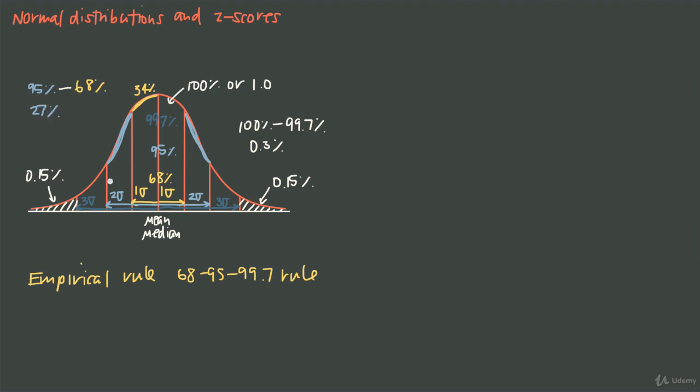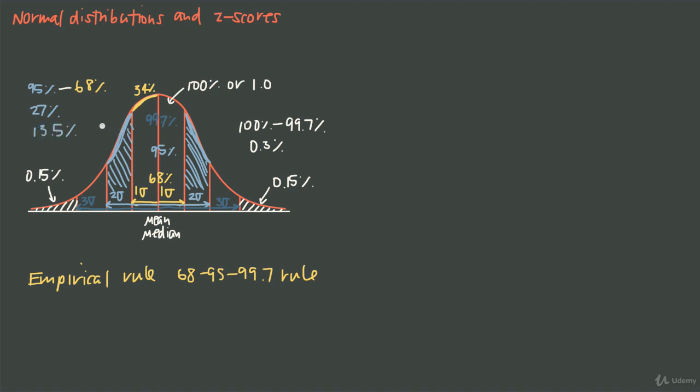Then if I wanted, for example, just this area here, that would be exactly half of 27%, because the 27% again is this region plus this region here. But if I just want one side, I would take half of that. 27 divided by 2 is 13.5.